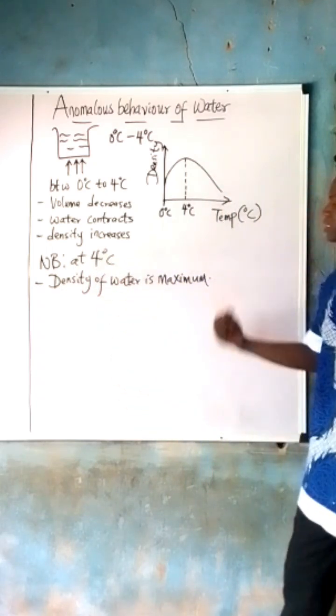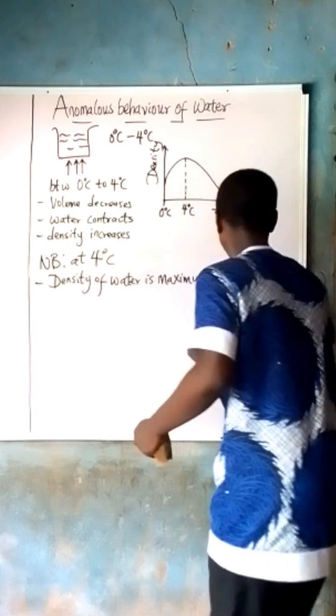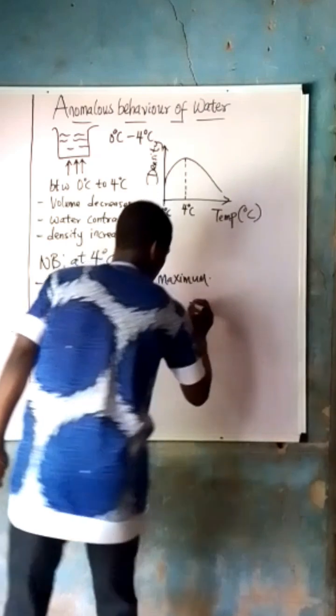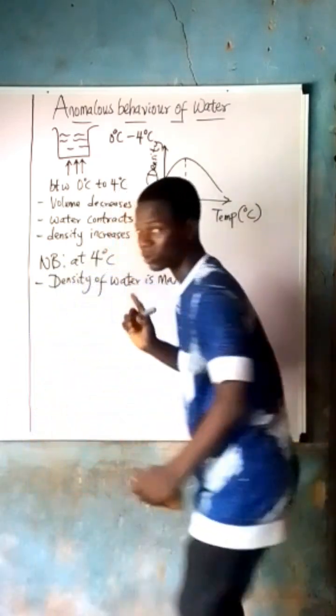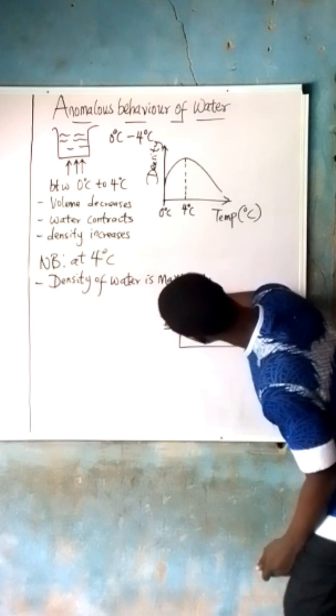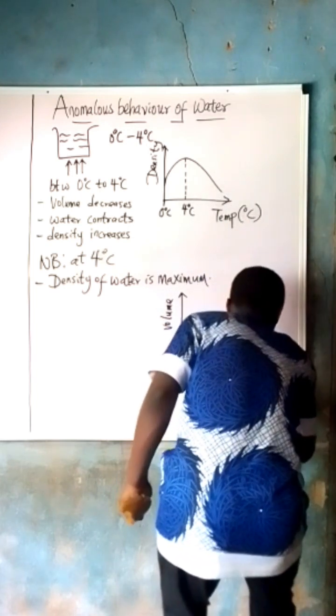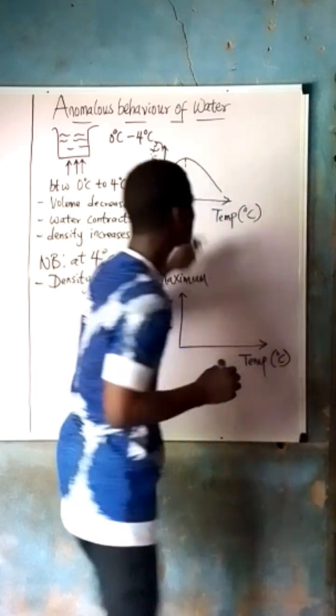Now, how will the graph for volume against temperature look like? We'll plot that here. Okay? Now, this is for volume against temperature in degrees Celsius. Is it going to look like this?